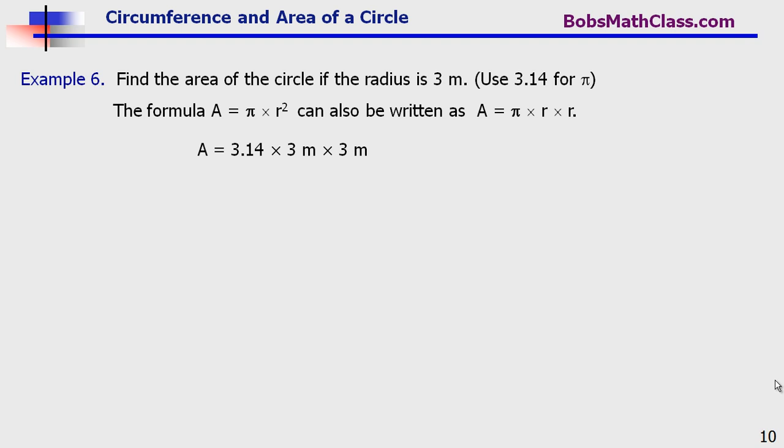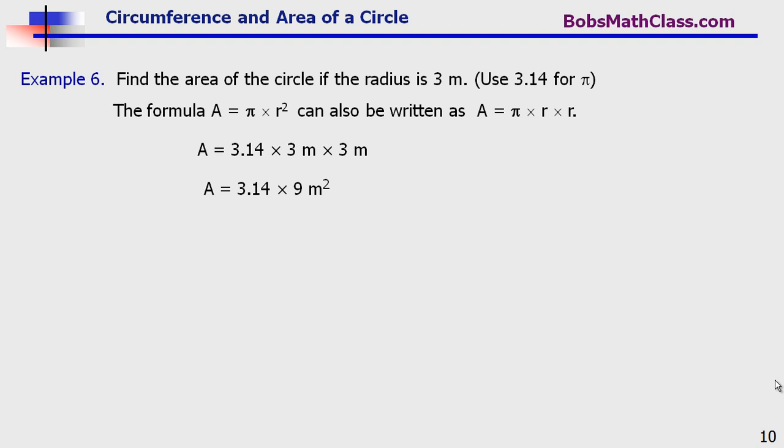Okay, 3.14 times 3 times 3. Now let's do the 3 times 3 first, our exponent, which gives you 9 square meters. Now remember, we're talking about area, so that's why we have that little exponent of 2, just to show that's area. 3 meters times 3 meters is 9 square meters. So if you would have multiplied 3.14 times 3 first, that's fine actually.